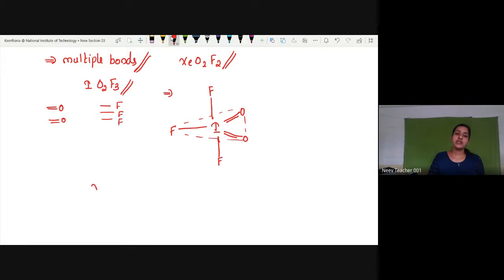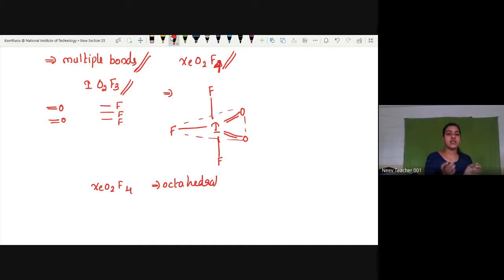And when you are considering XeO2F4, which has an octahedral geometry, as we know, all the bonds are similar, so we can draw the oxygens anywhere. But when there are two oxygens or two multiple bonds, we will always try to arrange these two multiple bonds with maximum distance or maximum bond angle.